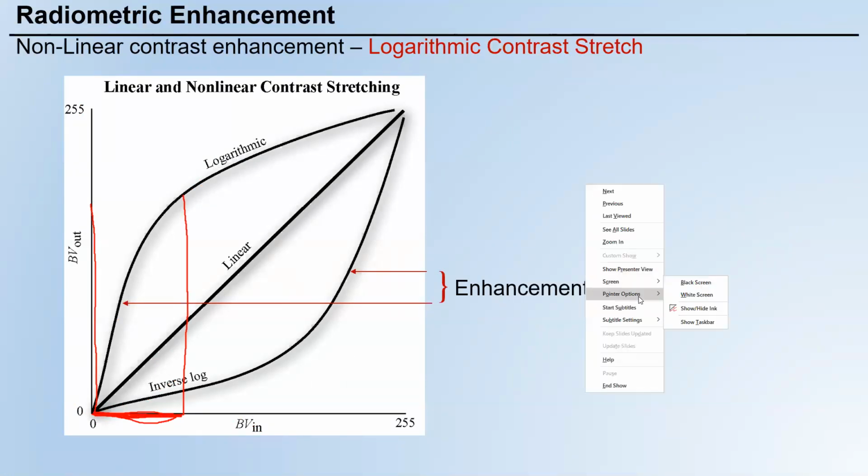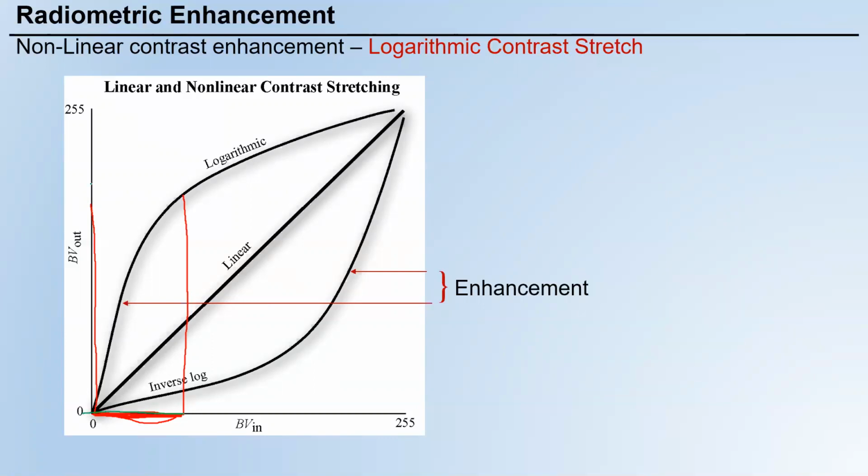For the output image, the range changed. It's from here to here. So this is the output range. Obviously, the first half of the logarithmic function enhanced these pixels within this red range because they have a larger range in terms of their values in the output image, because the length of this green part is longer than the length of this red part.